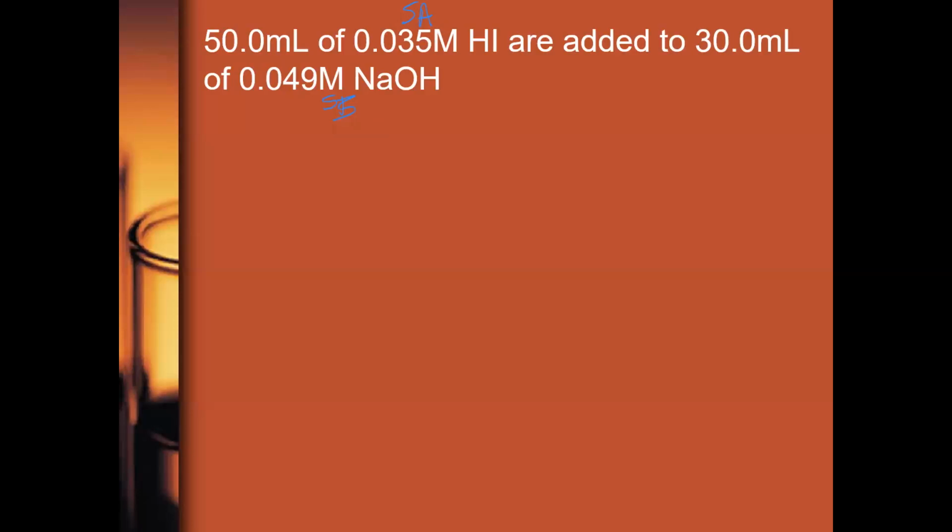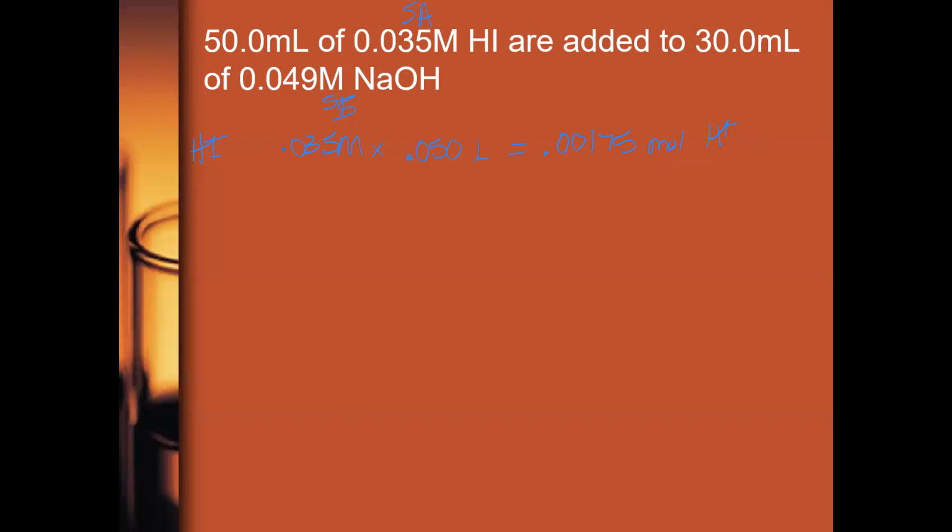So we said you need to find moles of hydrogen and moles of hydroxide. So for the hydroiodic acid, our molarity is 0.035 molar times 50 milliliters, so 0.050 liters. So that tells us that we have 0.00175 moles of hydrogen ions.